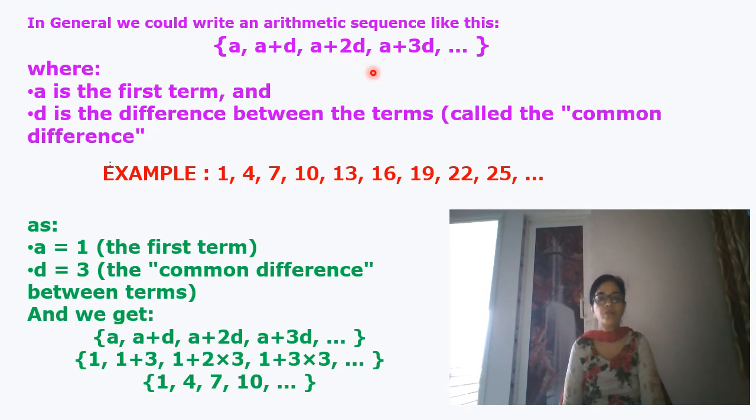So 1 plus 2D is 1 plus 2 into 3, that is 1 plus 6, that is 7. Again, in the next term, we are getting 1 plus 3D. So 1 plus 3 into 3 is equal to 1 plus 9, and that is 10. So this goes on and so on. Further, you can also find other terms in the sequence in the same manner.